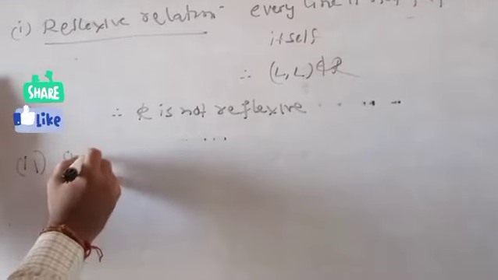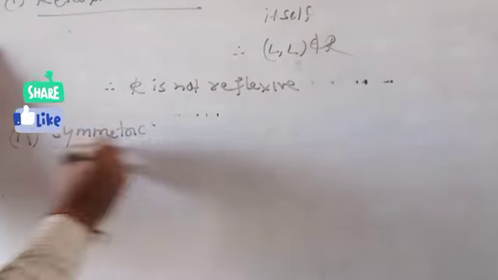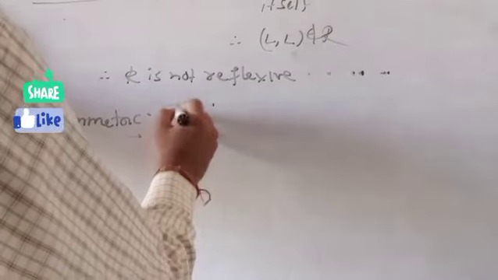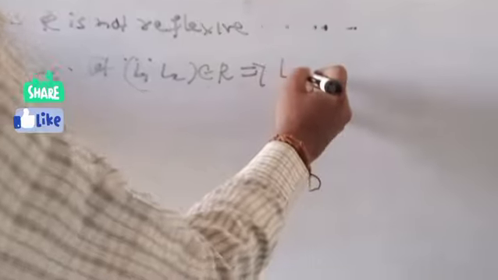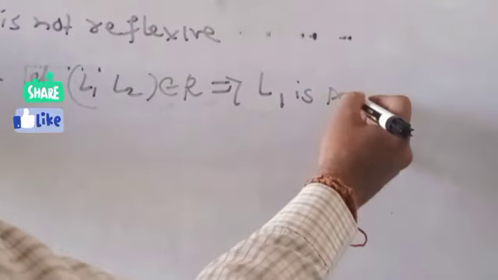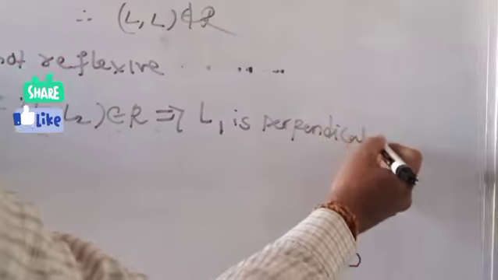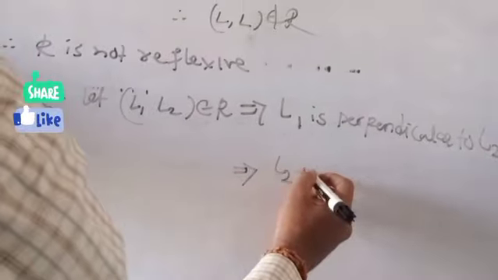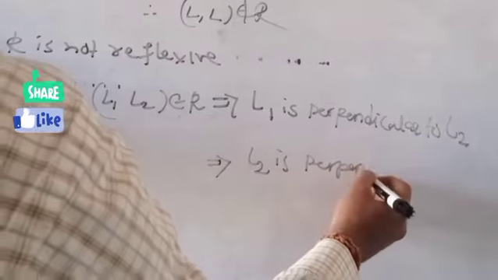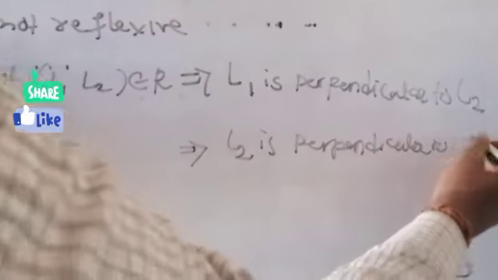Second one, symmetric. Let (L1, L2) belong to R, which implies that L1 is perpendicular to L2. If L1 is perpendicular to L2, then L2 is also perpendicular to L1.